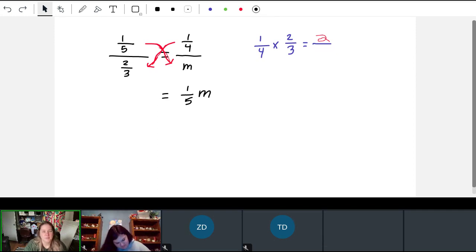And then 4 times 3 is what on the bottom? 12. Very good. Now, can that fraction be simplified? Can the top and the bottom be divided by the same number? Yeah, we can divide it by 2, right? So what is on the top?